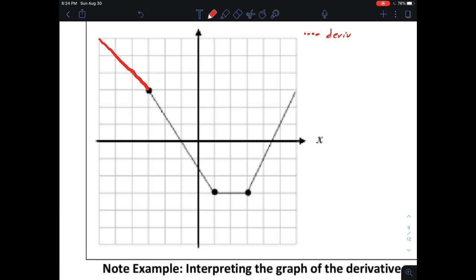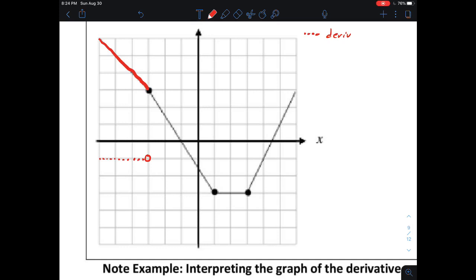This is a line segment here, so the value of the derivative would be its slope, so rise over run. And it has a slope of -1. So along those same x values, my derivative is always going to equal -1 until I get to that point. Now I'm going to put an open circle right there.